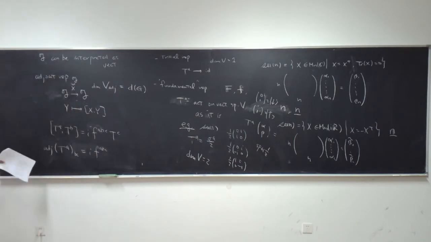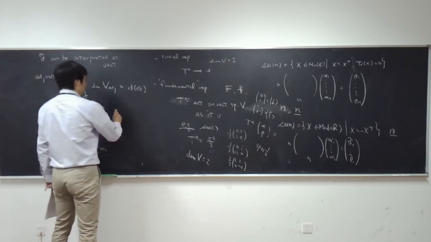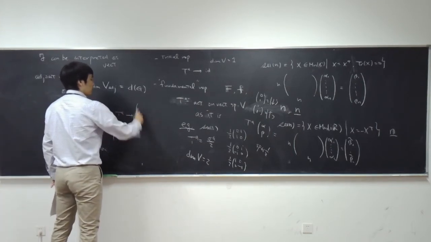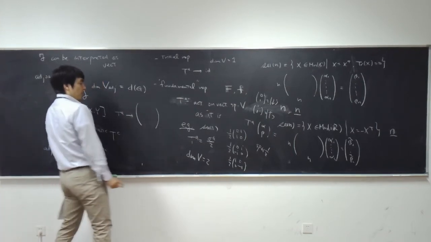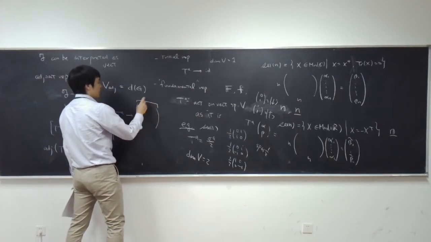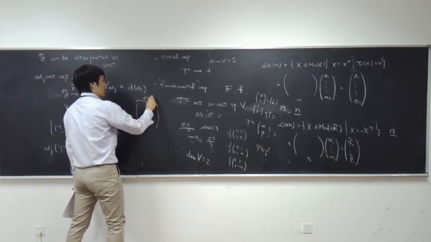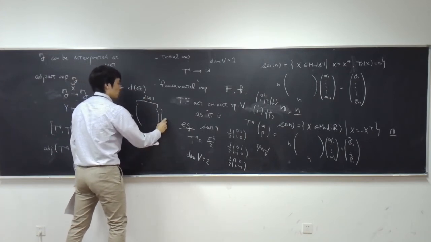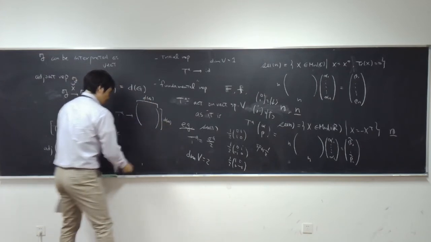So what I meant is as follows. T_A acts on some vector and gives a matrix acting on it. In this case, the matrix size is d_G times d_G.